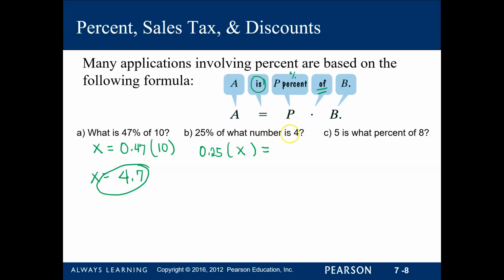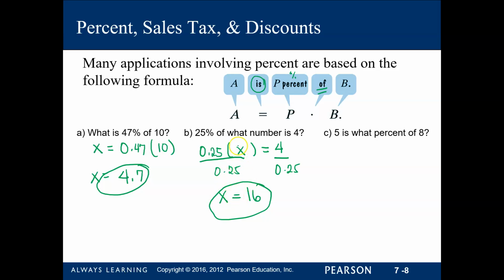"Is" is the equal sign, and then we have 4. And we have this equation. So how do we solve for x? As you can see, x is multiplied by 0.25. So we divide the right side by 0.25. And therefore, x is equal to 16. That's another type of problem.